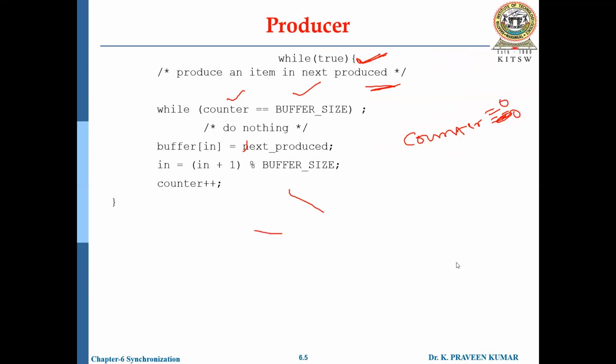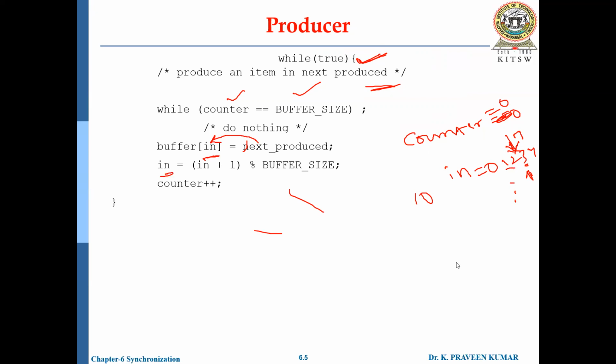For example, if the buffer size is 10, in will start from 0, 1, 2, 3, 4, and so on. If it is already at the third position, the next item produced will be stored in buffer of 3.